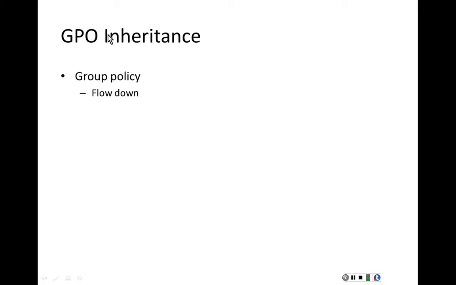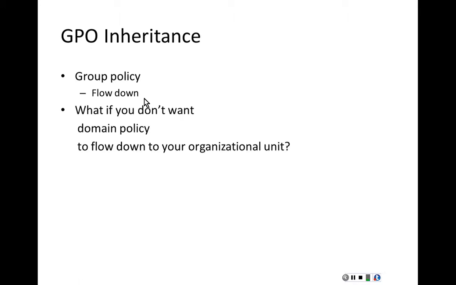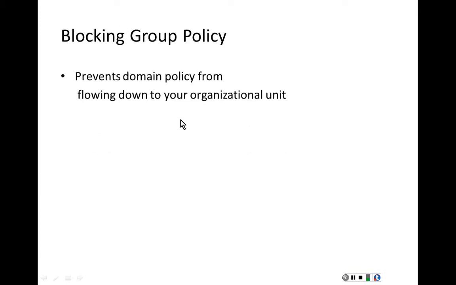Group policy object inheritance. If group policy is assigned at the domain level, it flows down to all organizational units under that domain. But what if you don't want domain policy to flow down to your organizational unit? Well, then you can block the group policy. If you block group policy, then that prevents the domain policy from flowing down to your organizational unit.